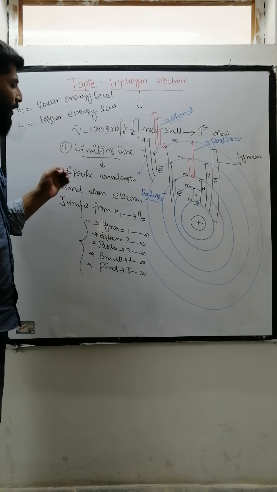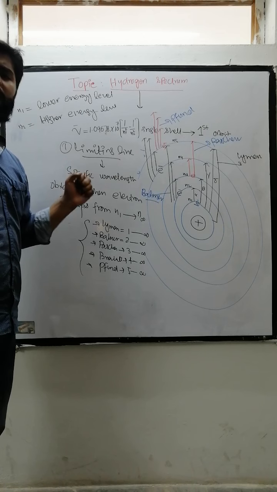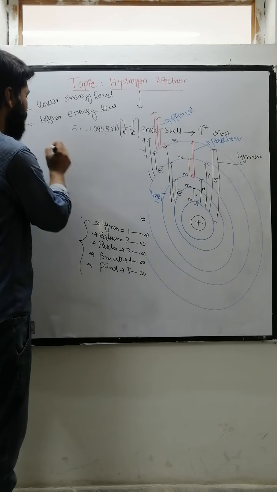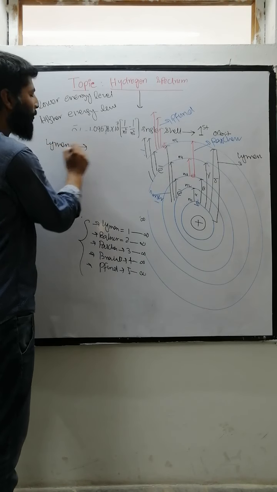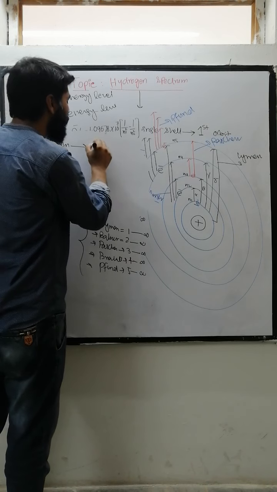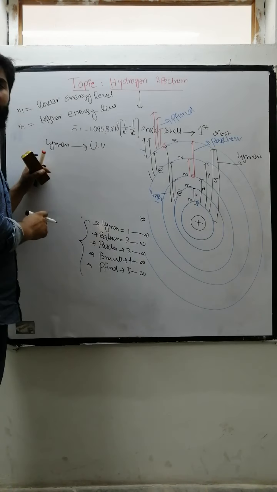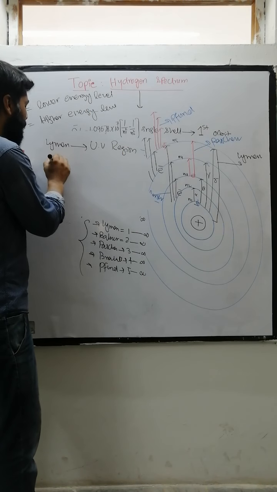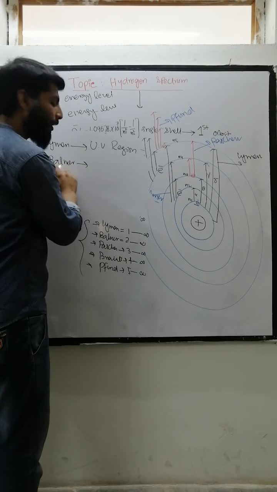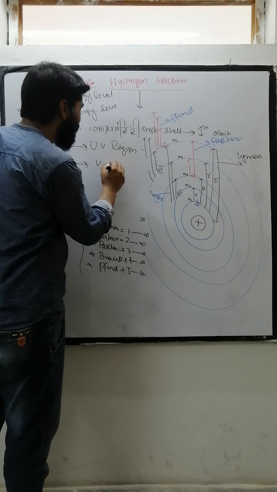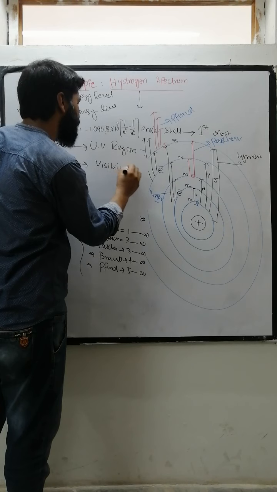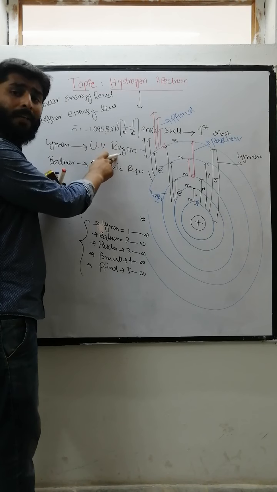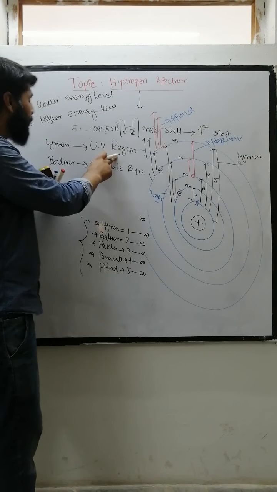By studies, it is observed that the Lyman series is observed in the UV region, the ultraviolet region. The Balmer series is observed in the visible region. Visible region of what? Visible region of the electromagnetic spectrum.